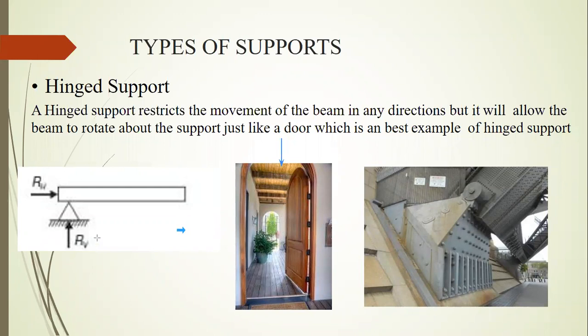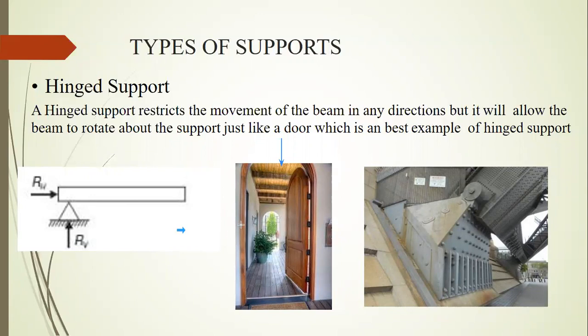So if it is not moving, it means it is developing a reaction. In which direction is it developing the reaction? If you apply the horizontal load, it will resist, so there is a horizontal reaction. If you apply the vertical load, it is going to resist, so there is a vertical reaction.